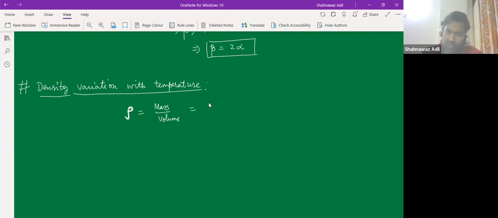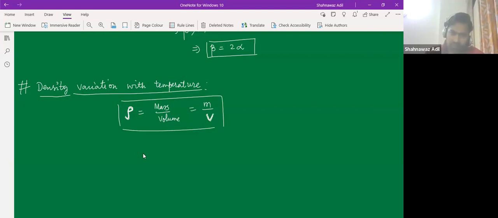So this is how density is related to mass and volume. The mass of the object will remain the same, so only the volume will change.